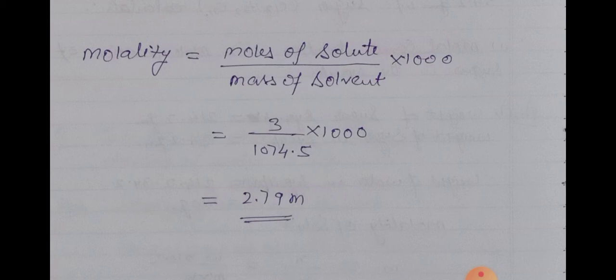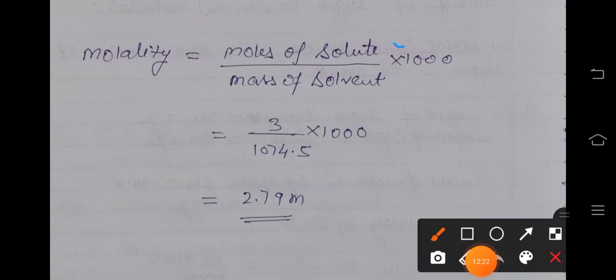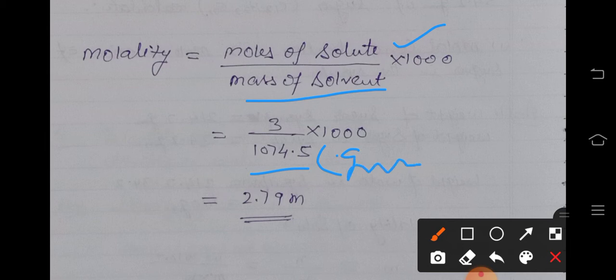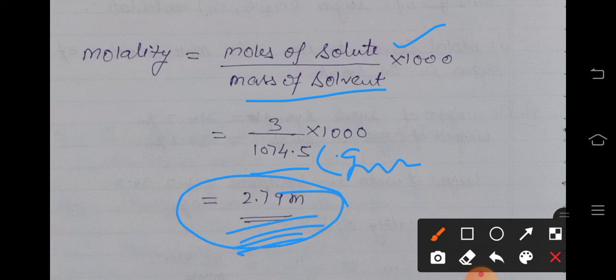The formula is molality equals number of moles of solute, that is NaCl, over mass of solvent, which we have calculated previously, into 1000 because it is in gram: 3 into 1000 divided by 1074.5. We got the answer 2.79 m. Small m is the molality. Now the answer is 2.79 m. All the questions, write down in your copy.